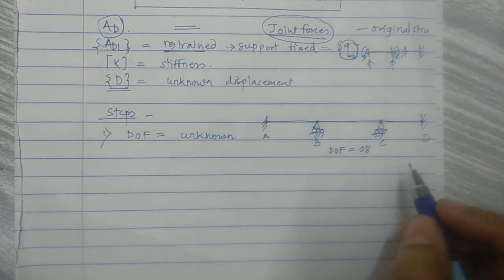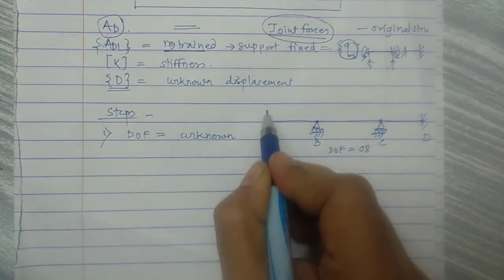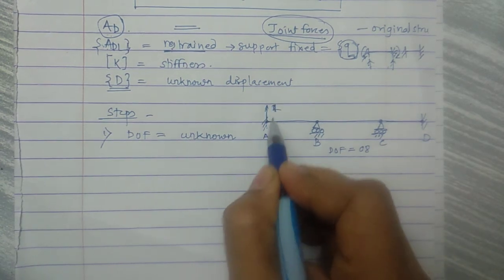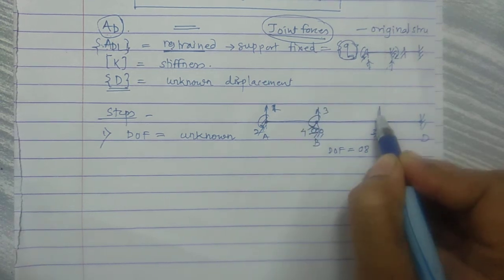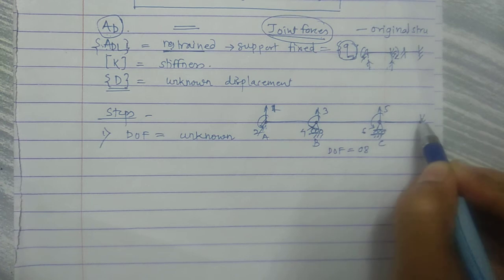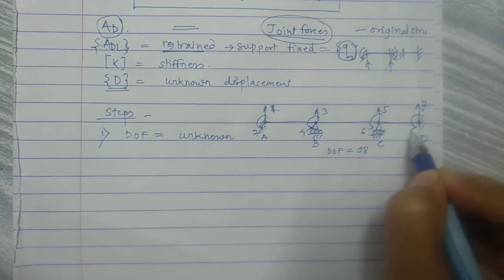In that we also apply the boundary conditions, for degrees of freedom 1, 2, 3, 4, 5, 6, 7, 8.